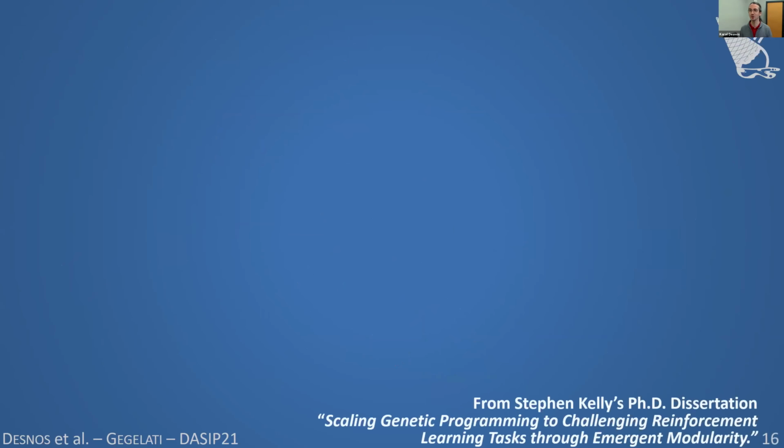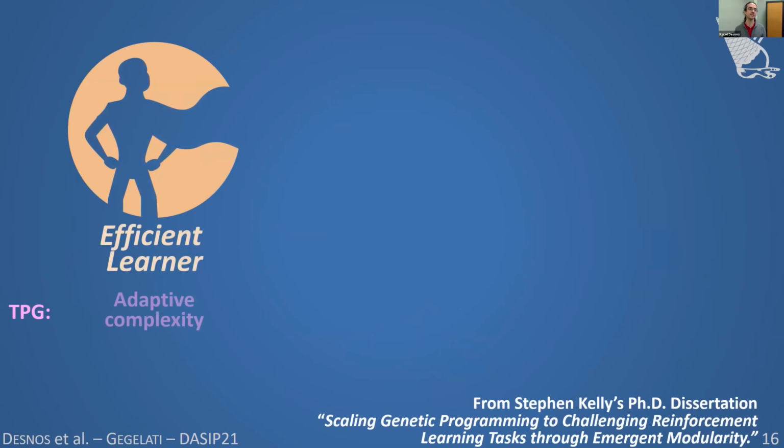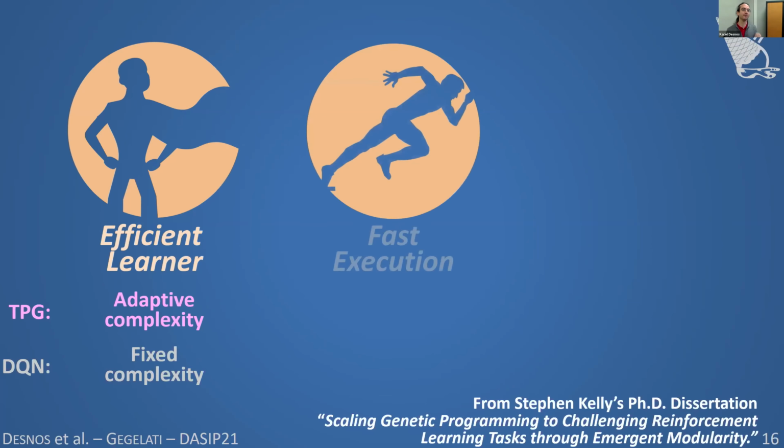So TPGs are great, of course, otherwise I would not be presenting them. TPGs have proven to be very efficient learners. They have an adaptive complexity, which means that the topology of the graph adapts itself to the problem in which they are trained, contrary to deep Q-learning techniques, which have a fixed complexity set by the designer of the deep Q-learning algorithm. They are very fast.